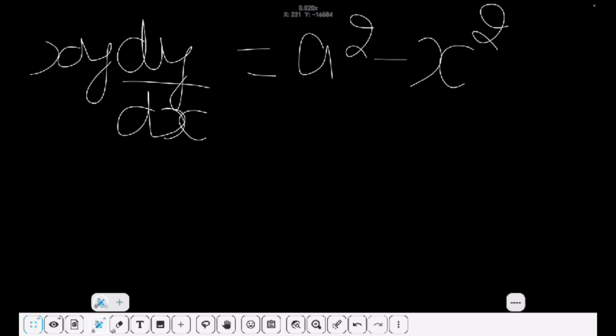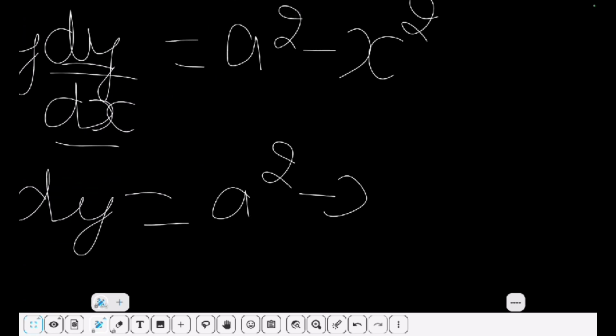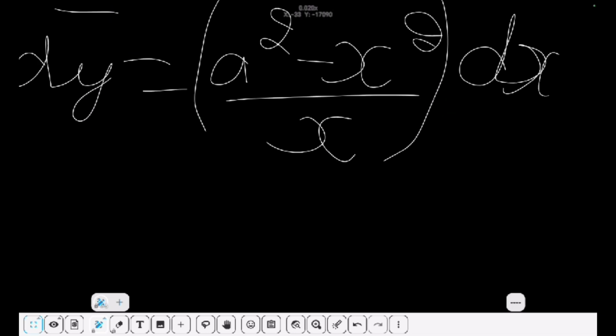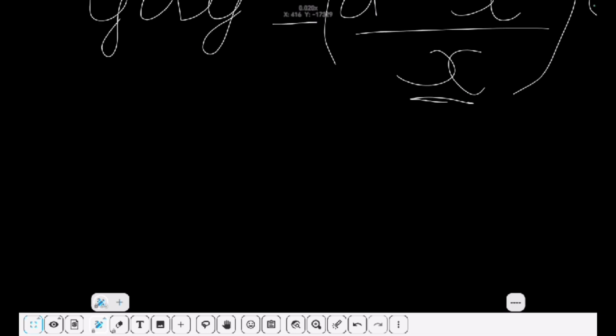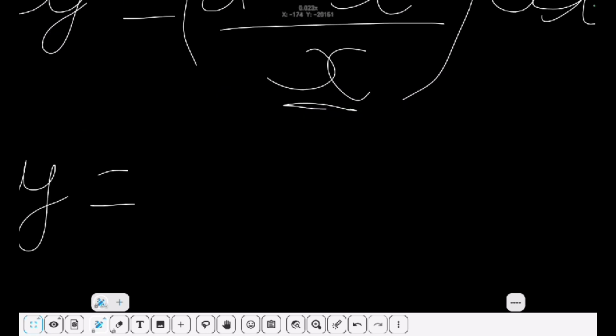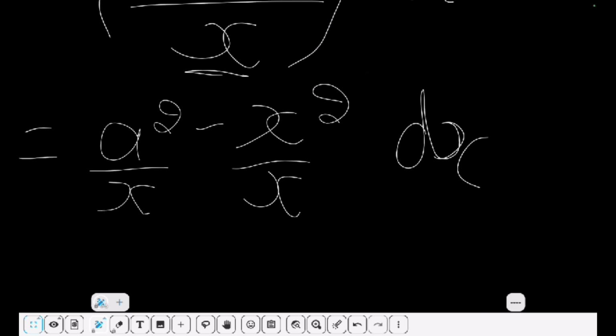Now I separate the y components and the x components. That gives us y dy that equals a square by x square by x into dx. Now I separate this LCM, y dy that equals a square by x minus x square by x into dx.